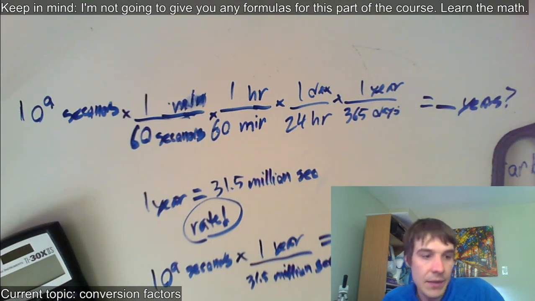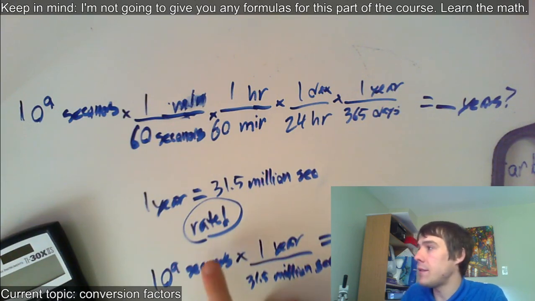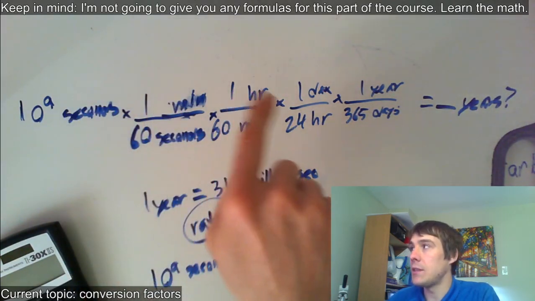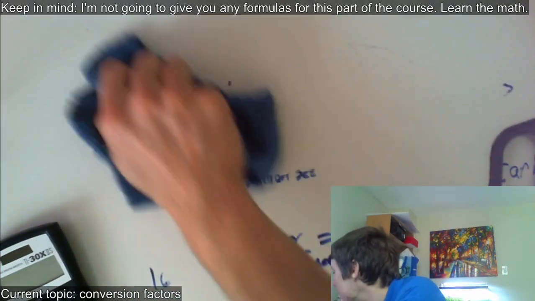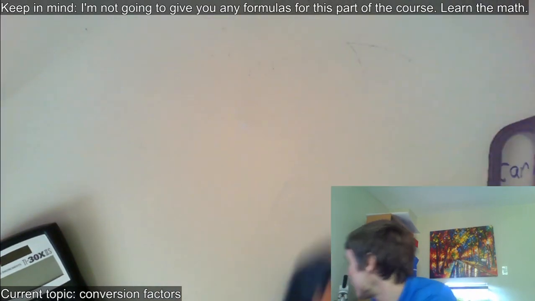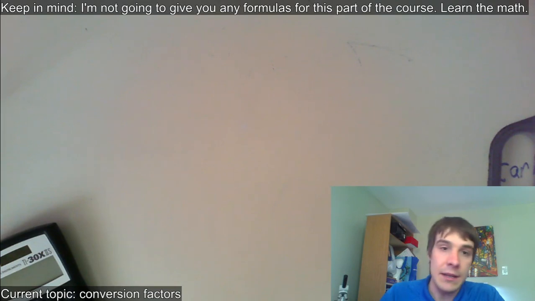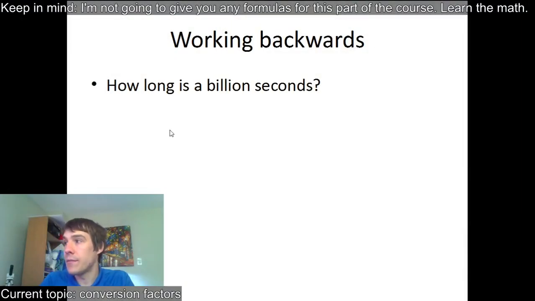There are different ways to solve this problem, but they all involve rates, and they all involve having our top unit match the bottom unit, so that we can cancel the units along the way and end up in whatever unit we're finishing with. That's conversion factors. That is conversion rates. I'm going to be using that throughout to solve problems. So that's conversion factors.